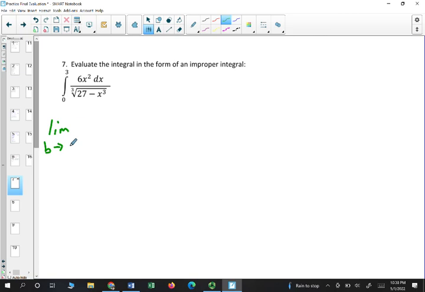So we would say limit as b approaches 3 from the left, so 3 from the left hand side, integral 0 to b of 6x squared dx over the cube root of 27 minus x cubed. Okay, so now we could try to integrate this.